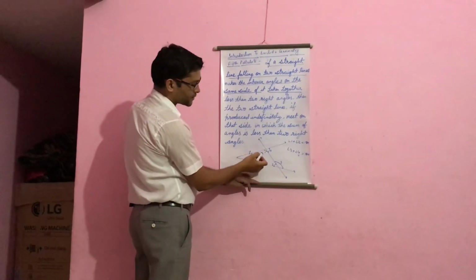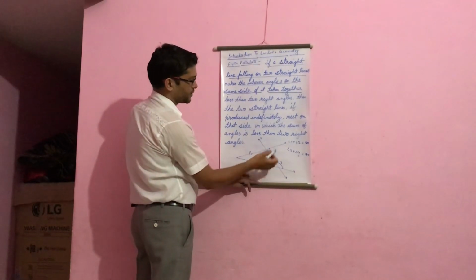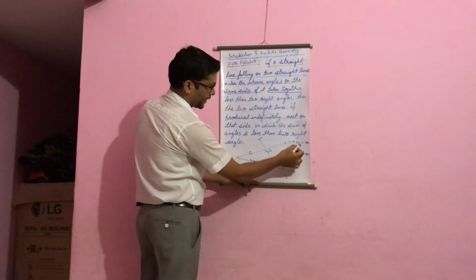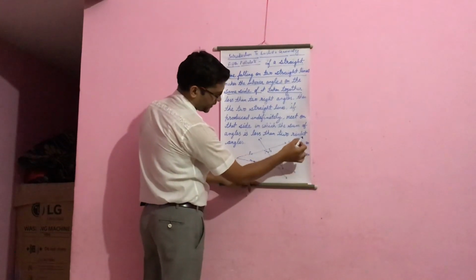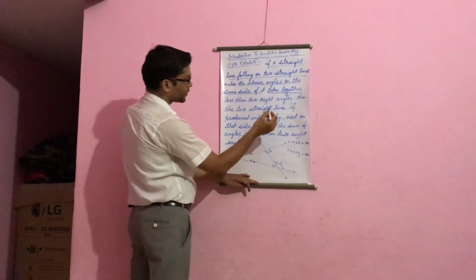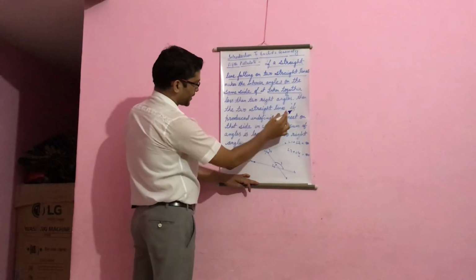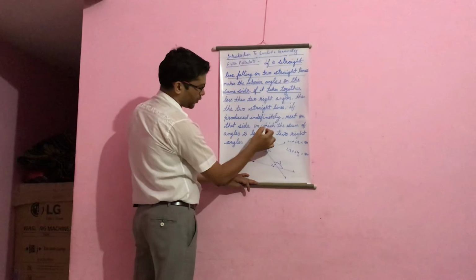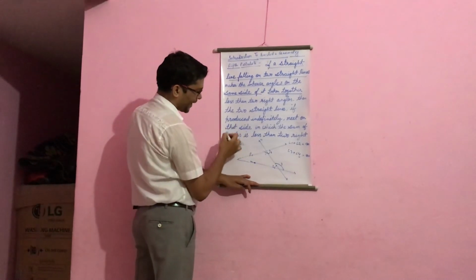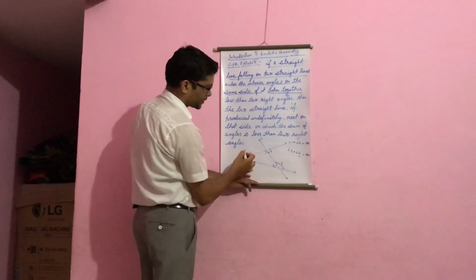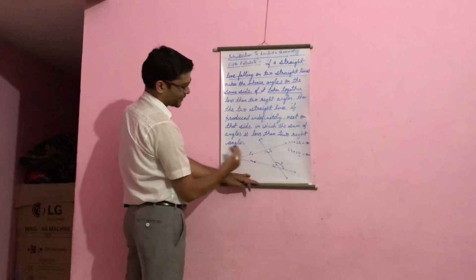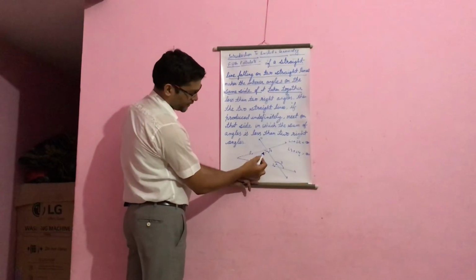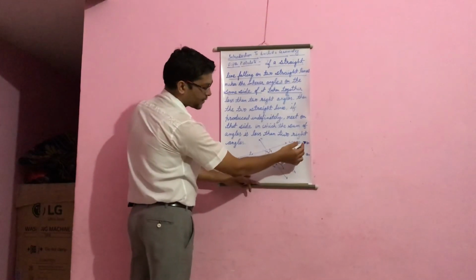Now where the sum is less than two right angles, angle 1 and angle 2 is less than 180 degree or two right angles. So if the two straight lines are produced indefinitely, they meet on the side on which the sum of angles is less than two right angles. So these two lines will meet on that side where the sum of the interior angles is less than 180 degree.